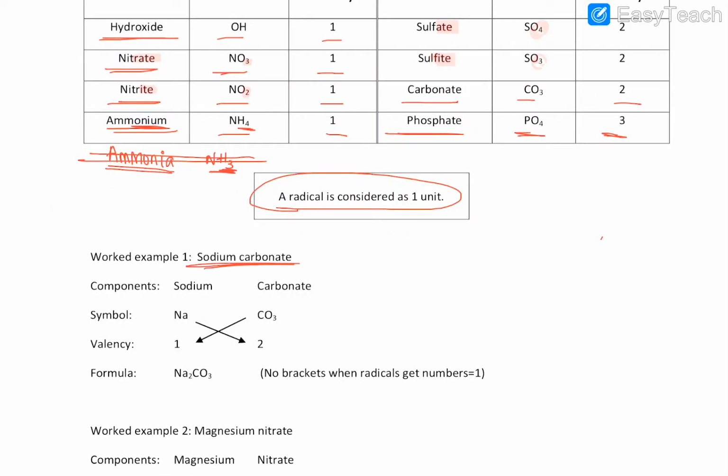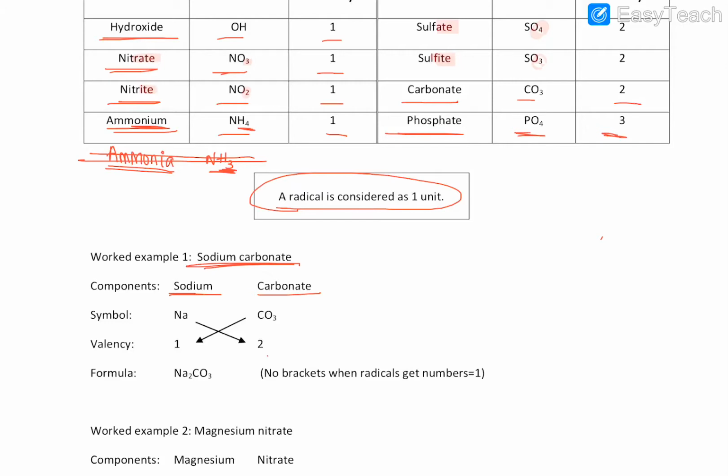Let's say you want to find the formula of sodium carbonate. So just like you've been doing in the previous step, first you write the name of the element or the radical present. So you have sodium and you have carbonate. Sodium has valency 1. Carbonate has valency 2.